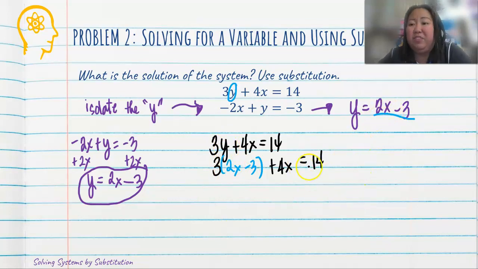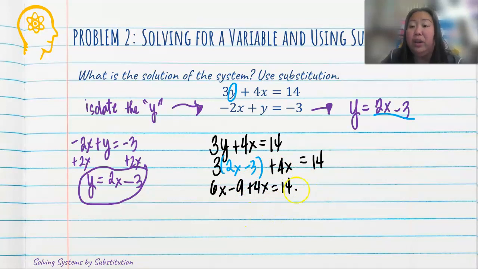So how can we simplify this? Remember, when you are asked to simplify, check if you need to distribute, check if you need to combine like terms. All right, so in our case, we need to do some distribution first. 3 times 2x, that's going to be 6x. 3 times -3, that's -9, and then you will have plus 4x equals 14.